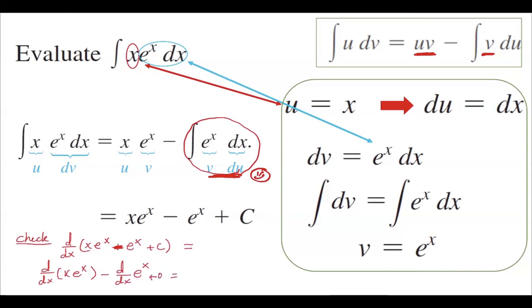So applying the multiplication rule, you have the derivative of x, which is 1, times e to the x, plus x e to the x, minus the derivative of e to the x, which is e to the x.